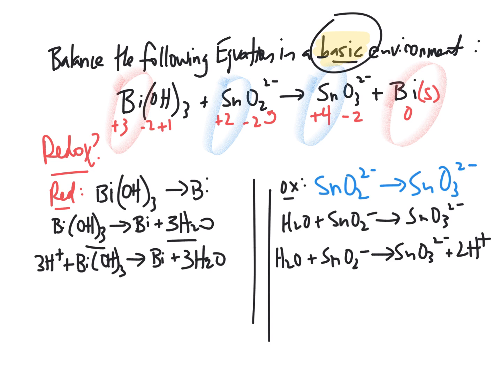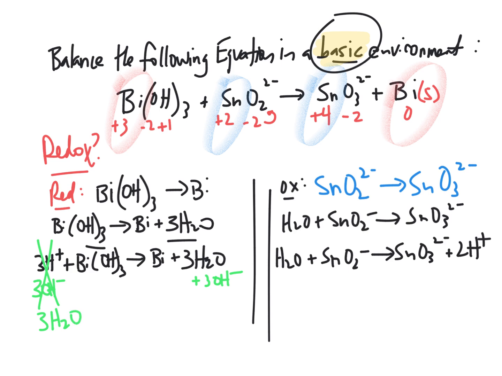So we're going to add 3 hydroxides over here, and then we're going to add 3 hydroxides over there, all right? So the net effect is these become water, right? So you end up with 3H2O over here.